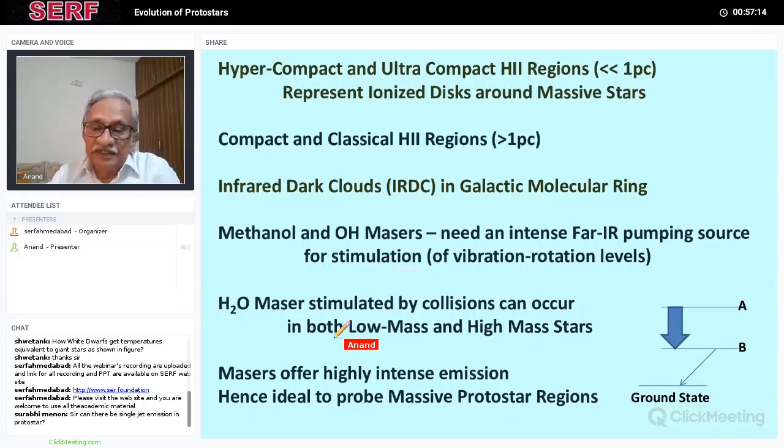Also, in 1955, I think the maser in the laboratory was discovered, before actually the laser. Maser is microwave amplification by stimulated emission. Okay, for which the Nobel Prize was won. But within about 10 years or so, such masers were discovered in the astrophysical context. 1969 or so, the first maser was discovered in the astrophysical context.